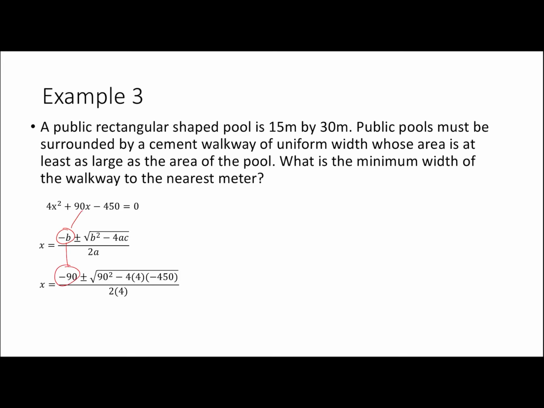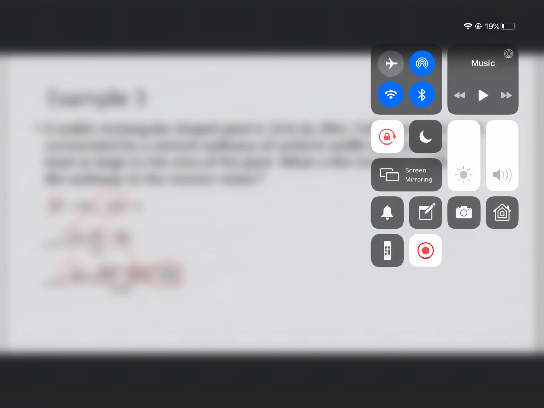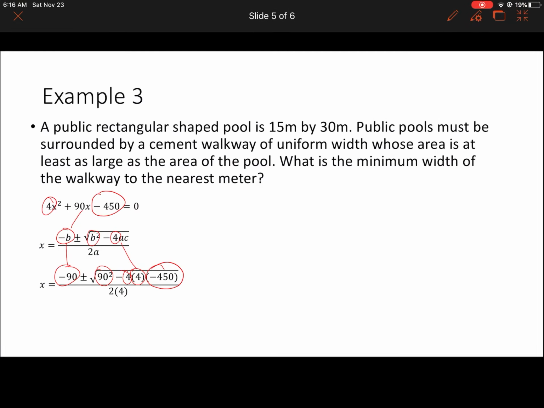We can divide by 4, but we can just throw it in the quadratic formula as well. And we have minus b. That's where we get the minus 90. b squared, 90 squared, minus 4a and c, minus 450. Let's clear our markings. This becomes positive.